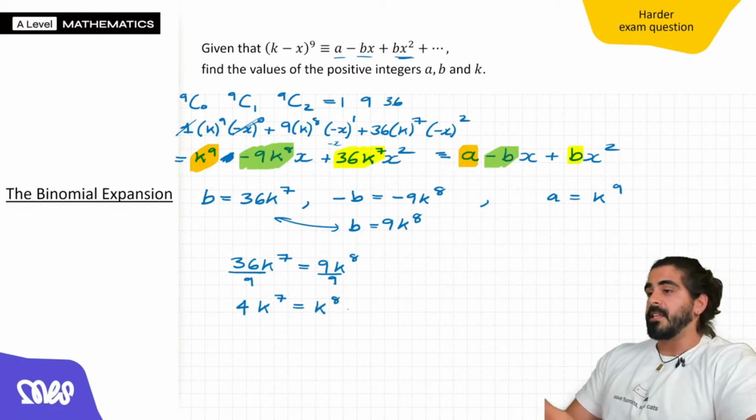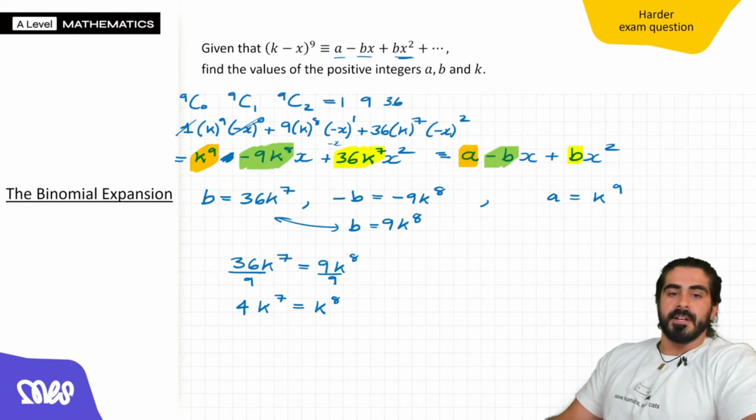Now you should hopefully see that we want to divide by k on both sides. But if we just divide both sides by k, then the k to the 7 will become k to the 6, and the k to the 8 will become k to the 7. But we can then just divide by larger powers of k. Think about it. What's the largest power of k that we can divide by? Well, we can go all the way up to k to the power of 7.